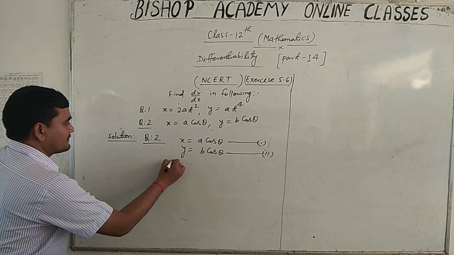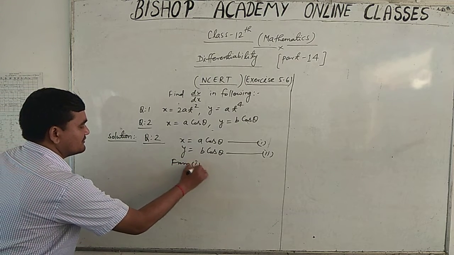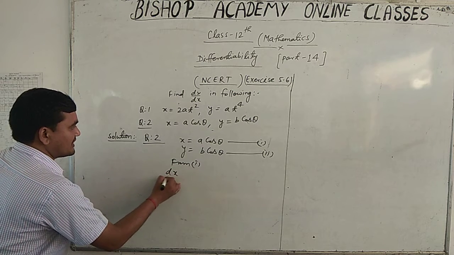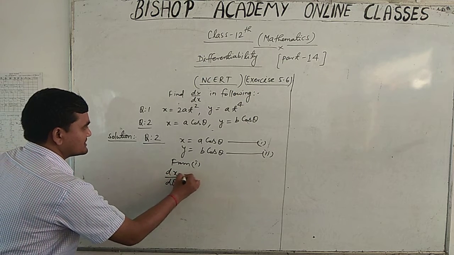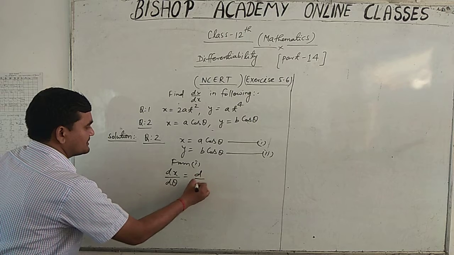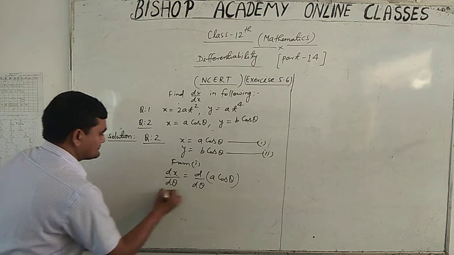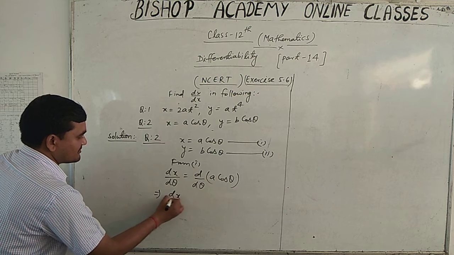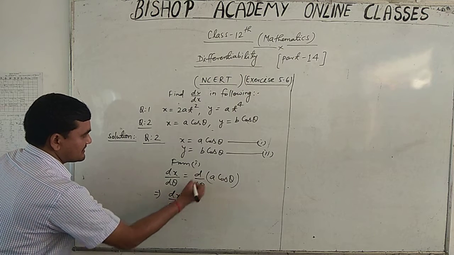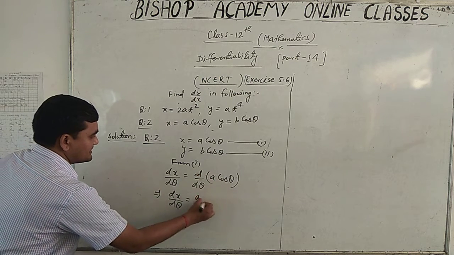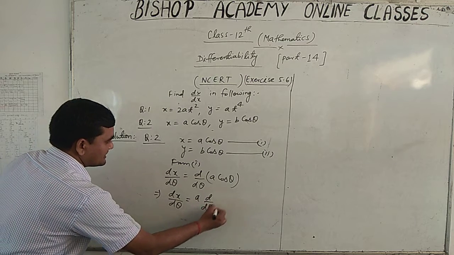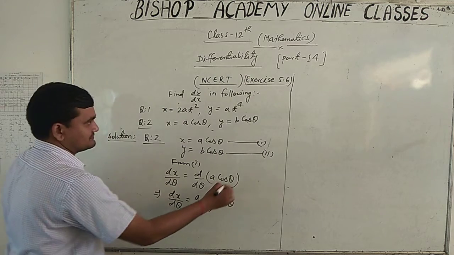Now from first we find dx upon d theta, this is equal to d by d theta of a cos theta. Here a is constant, then we write a d upon d theta of cos theta.